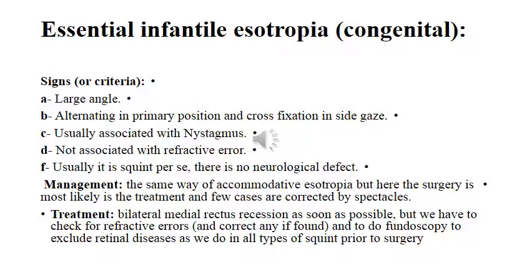It's very essential in all cases of squint in children to do fundoscopy, which is examination of the retina, to exclude any serious retinal condition. Sometimes it could be a tumor, sometimes retinal malignancy, and pediatric tumors can cause squint. So we need to exclude refractive error and any retinal pathology. Then we go for surgery. Surgery is the treatment of choice for this type of squint.